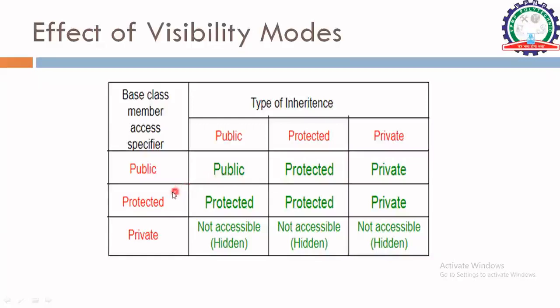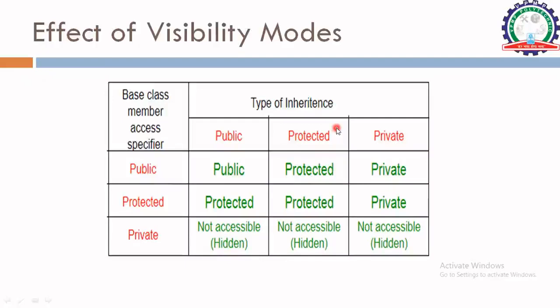And the members which are declared in the protected section of a base class will remain in a protected section of a new class. And see friends, in inheritance, the private members of a base class are not accessible in a derived class. So they will remain hidden for the new class. Now let's see another column.